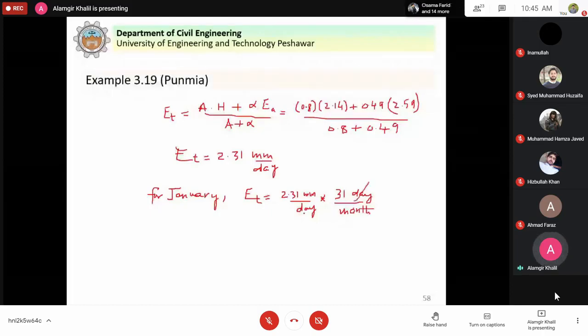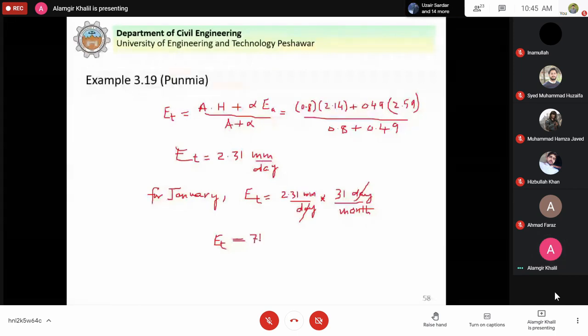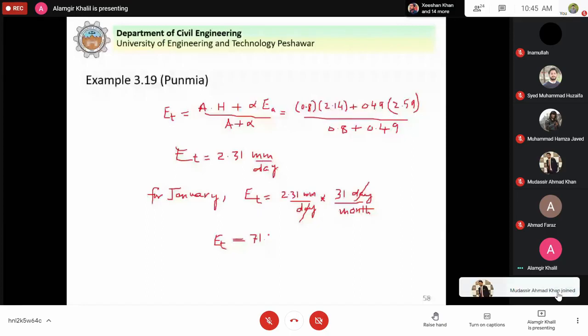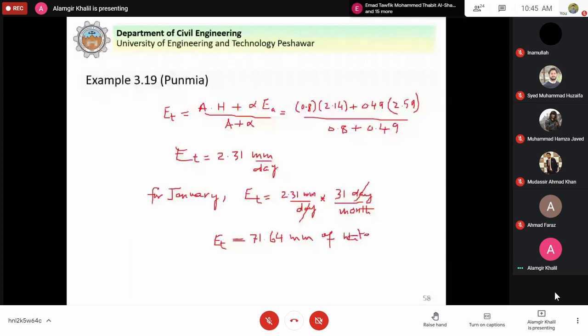So the day cancels out, and we have this ET that is equal to 71.64 millimeter of water for January.